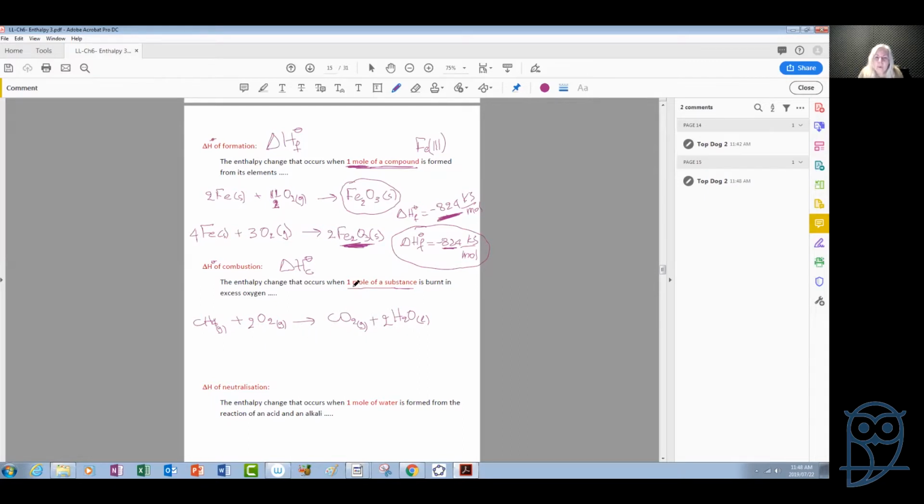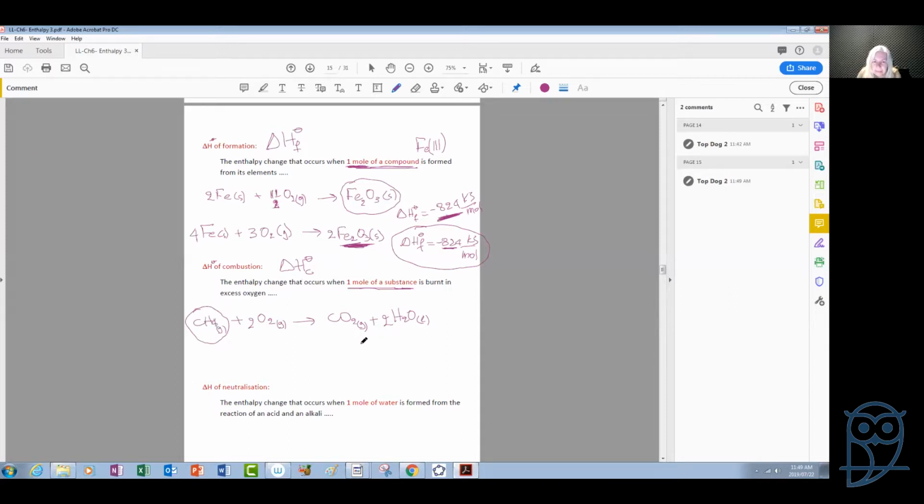So 1 mole of substance is burned. Which substance are we talking about burning? This is the substance burning. So, okay, fortunately in this equation it's already 1 mole, so we don't have to divide by anything to change into 1 mole.